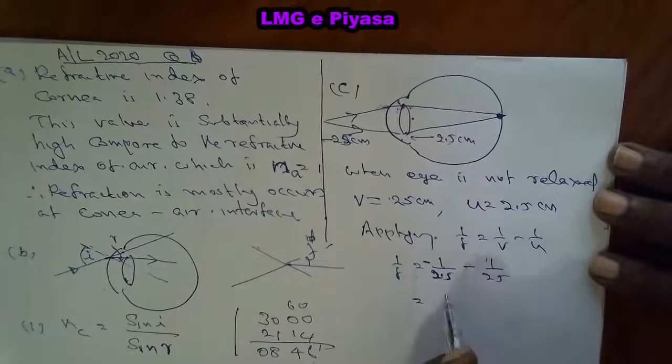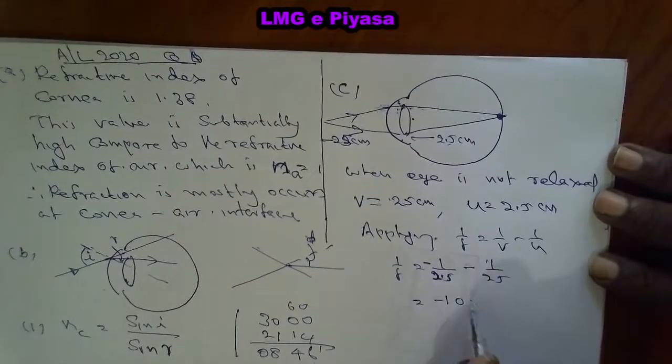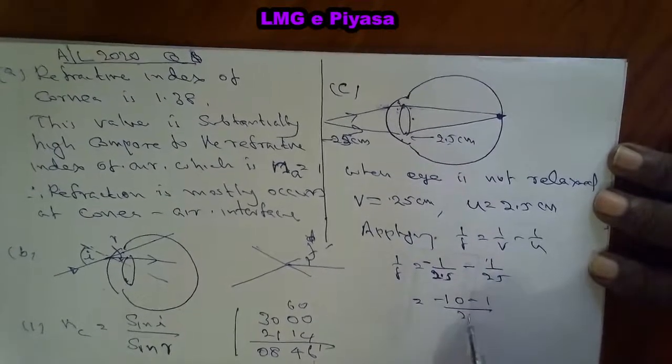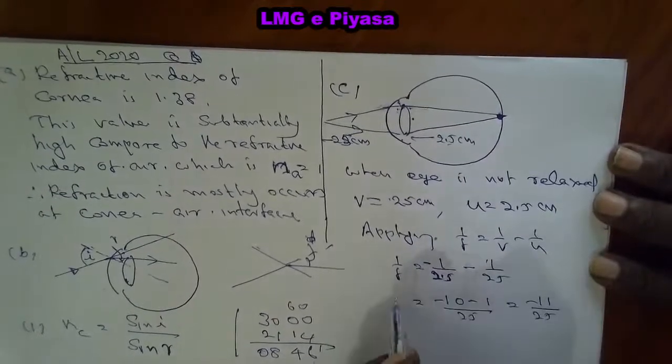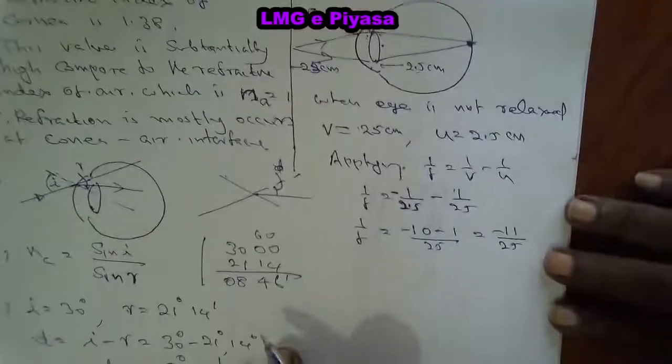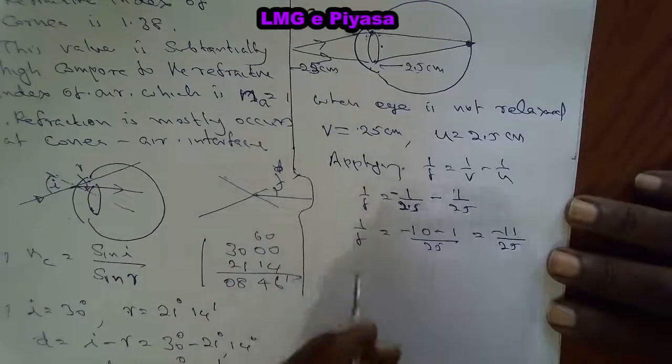So this equals 10 minus 1 over 25, equals 11 over 25 for 1 over f.